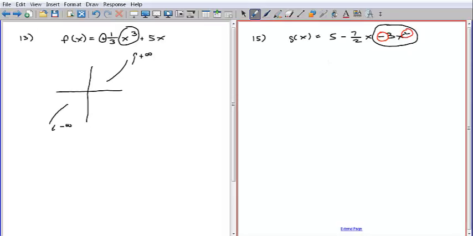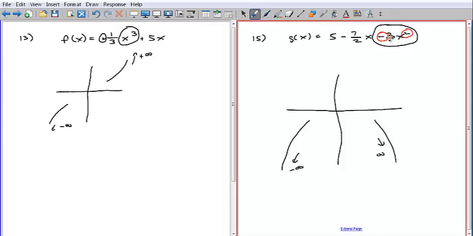So as far as end behavior is concerned, again, we can draw our axis. And what's going to happen is that because of the negative sign, they're both going to go down to negative infinity when x goes to positive or negative infinity. So the left-hand behavior is down to negative infinity, and the same with the right hand. Now, if this had been plus 3x squared, then it would have gone the other way.